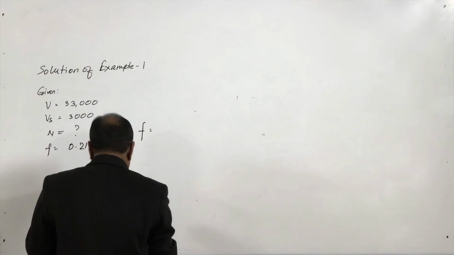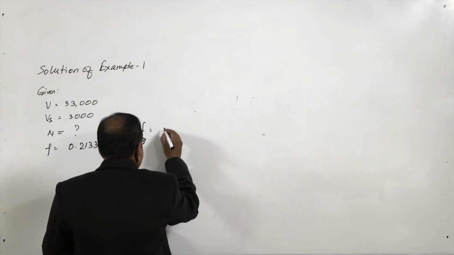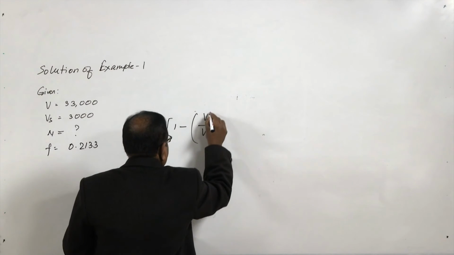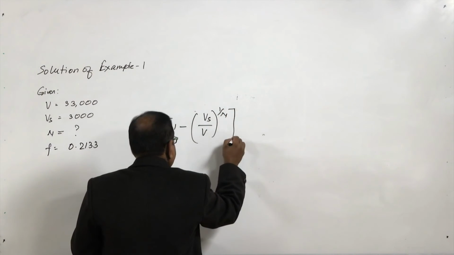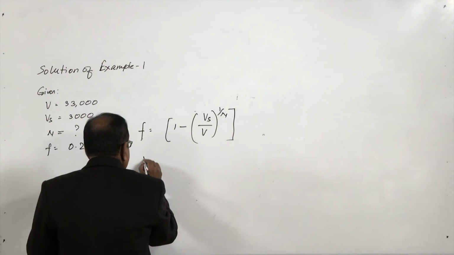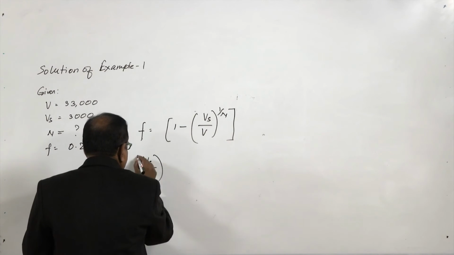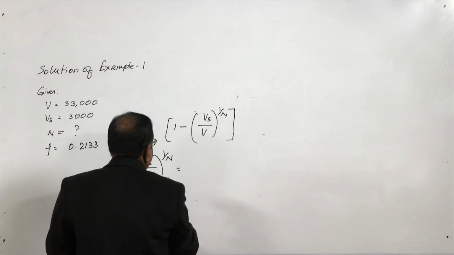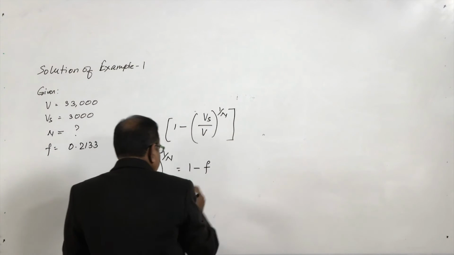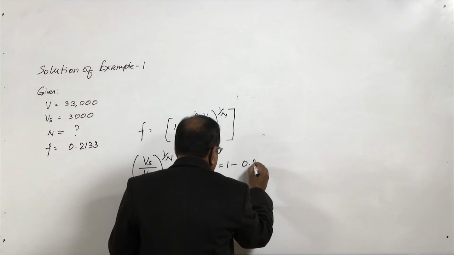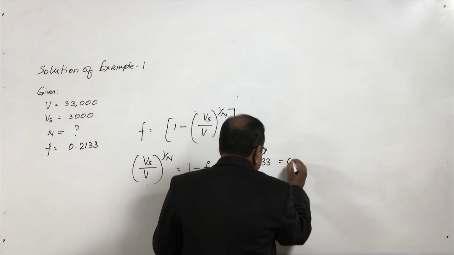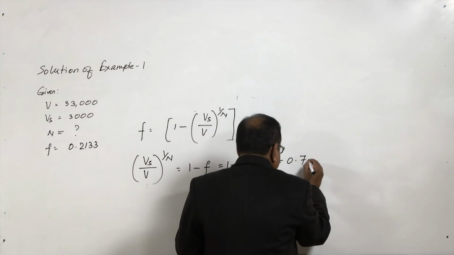Fixed percentage factor is equal to 1 minus (Vs by V) to the power 1 by n, or (Vs by V) to the power 1 by n is equal to 1 minus f, and this is equal to 1 minus 0.2133, which is equal to 0.7867.